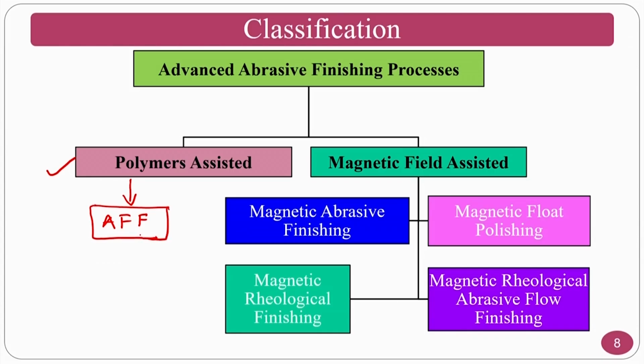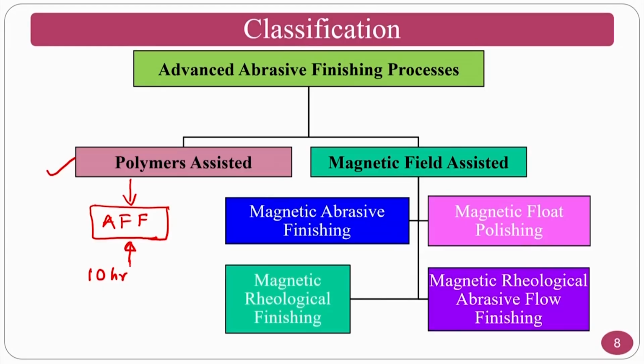As I already mentioned, if anybody is interested, there will be a new 10-hour course, polymer assisted abrasive finishing processes, where people will extensively study polymer rheological abrasive fluids, the mechanism of material removal, the allied processes and so on.